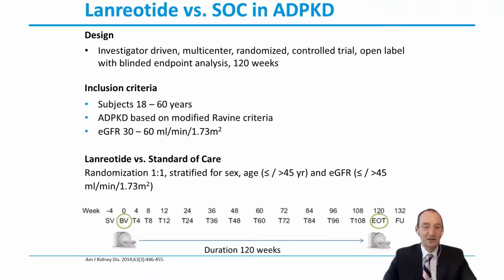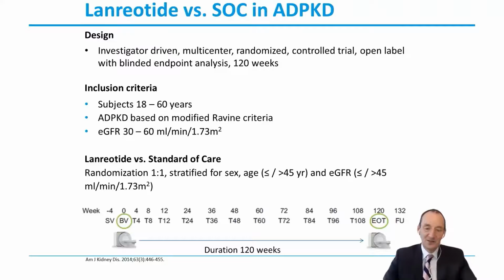So we ran a clinical trial in the Netherlands, which was a multi-center randomized clinical trial, open label, that ran for 120 weeks. We selected patients with ADPKD with a clearance of 30 to 60 milliliters per minute, and we assigned them to either standard of care or lanreotide in a 1-to-1 ratio.